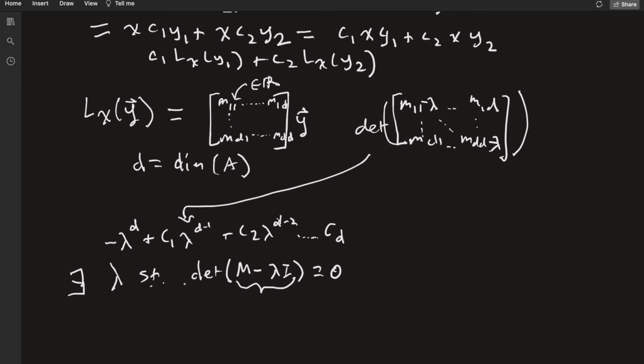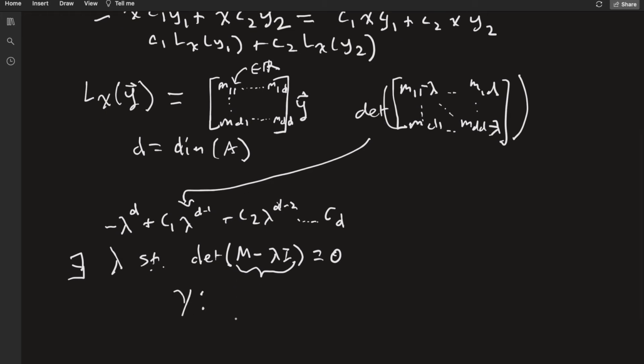All we're saying is we can find at least one eigenvector. We'll call the eigenvector gamma, M gamma equals lambda gamma. But what is M gamma?